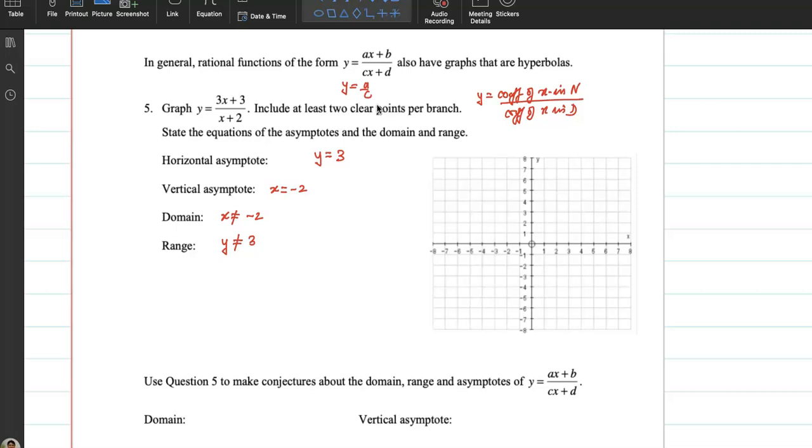So let's do that dotted line. Wait one sec. So horizontal asymptote is equal to coefficient.